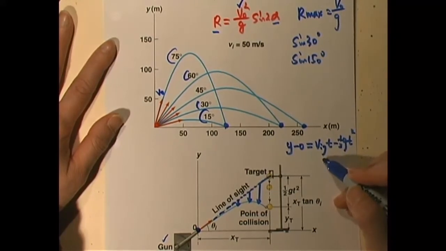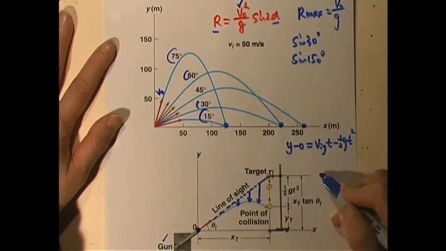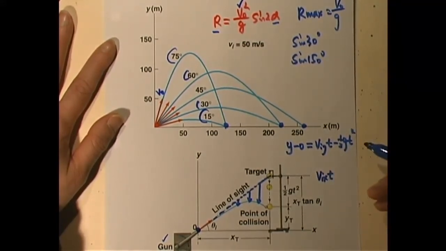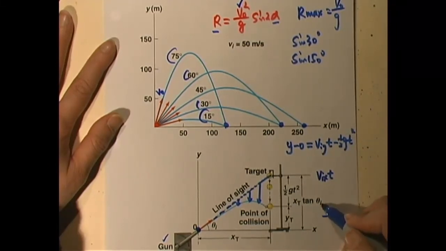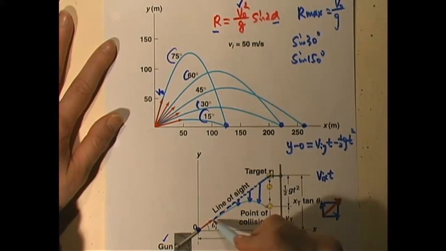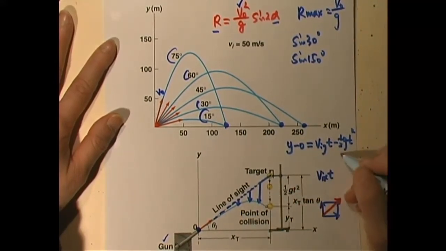Combining that with the x direction, v initial x times t, we have, see, this is the v initial x times t, and that is v initial y times t. So that's why it is such a straight line. But it's not going to follow that because we have a minus 1/2 g t squared term.